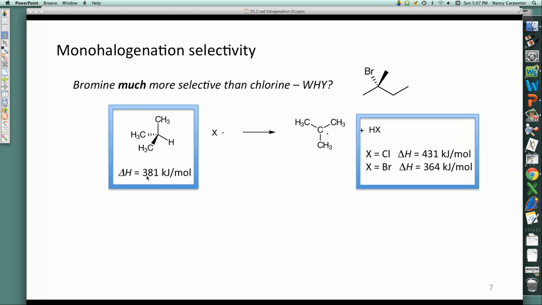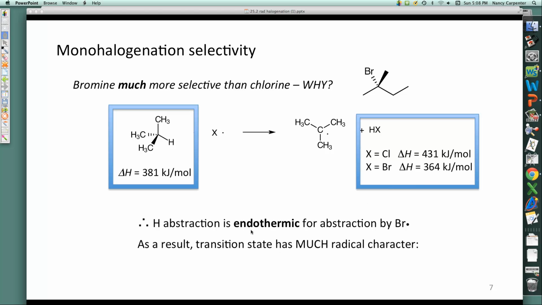Well, for HCl, comparing these two heats of formation, you can see that you get a lot more energy given off in the product side, making this an exothermic step. Whereas for HBr formation, you do not get as much energy given off, making it an endothermic step.